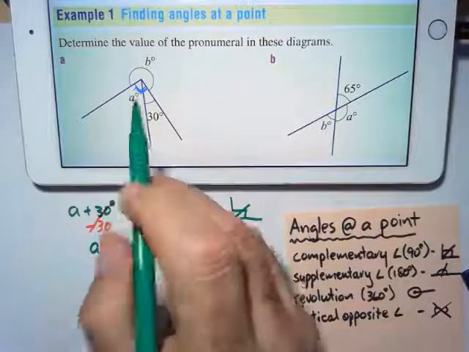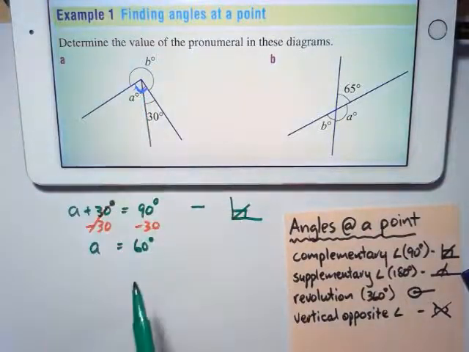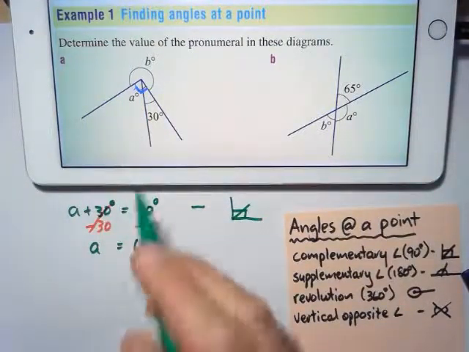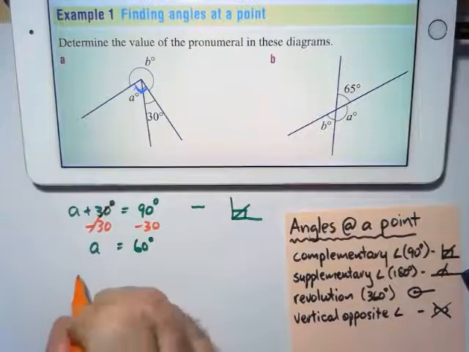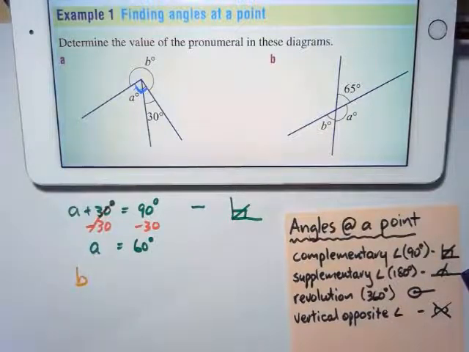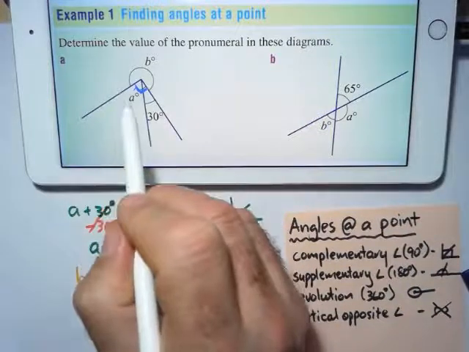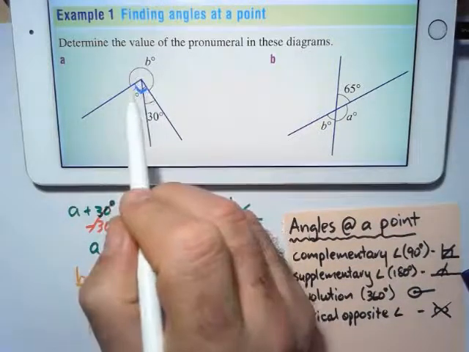Okay, I still have to get B. So just be careful that you do not miss out on marks because you're not solving all the pronumerals. To find B, okay, I'm going to find B now. What do I see about B? Well, B completes this whole thing. So it completes the revolution.